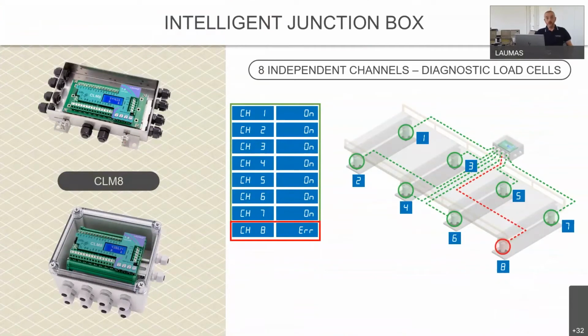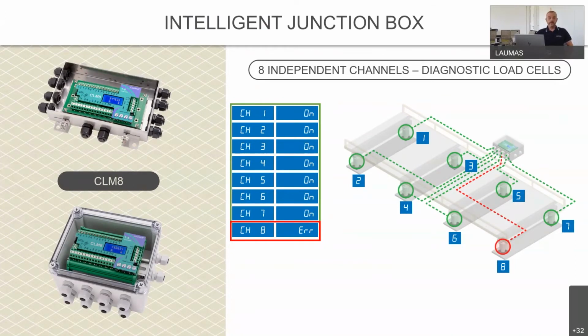The second component that we can check is the smart junction box called CLM8. Probably many of you already know it, but for those who are not familiar with this kind of product, we can describe it shortly. It is available as a naked board, or in a plastic ABS box, or in a stainless steel box, according to your need.